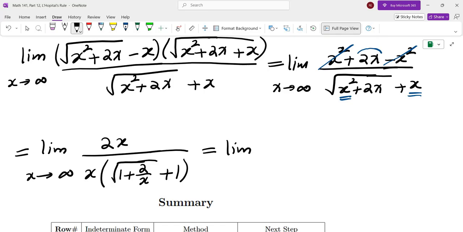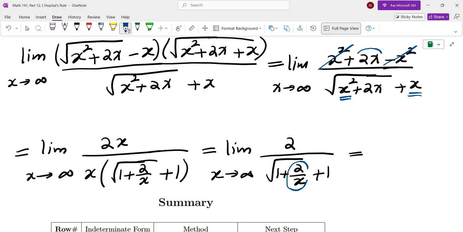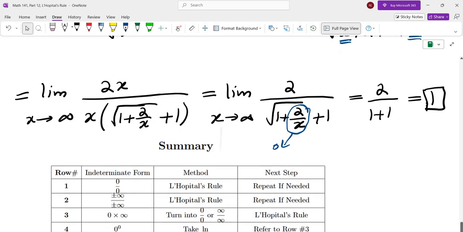So we get the limit as x approaches infinity, 2 over root 1 plus 2 over x plus 1. Now 2 over x approaches 0. So this one approaches 0. So we get 2 over 1 plus 1, which is 1. So the answer to this limit is in fact 1.